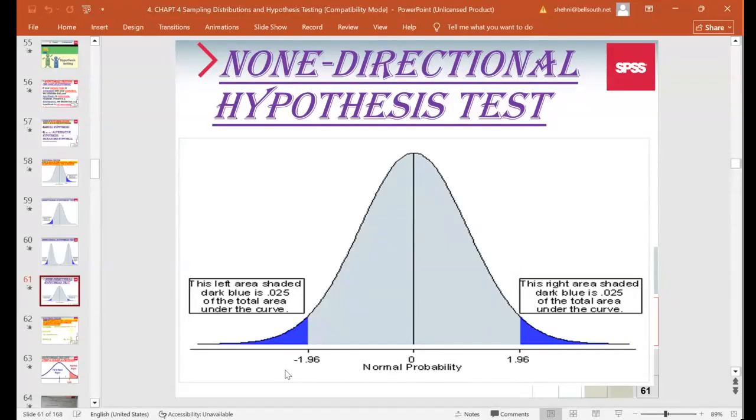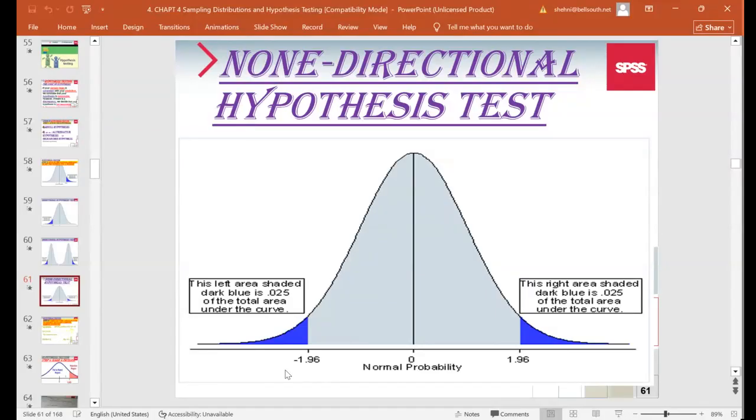If you say in your hypothesis, like the one I just showed you, that short-sighted people have a higher IQ, this is a one-tail hypothesis because you're clearly indicating the right side, higher IQ. Or by the same token, you say short-sighted people have a low IQ. It still is a directional one-tail hypothesis.